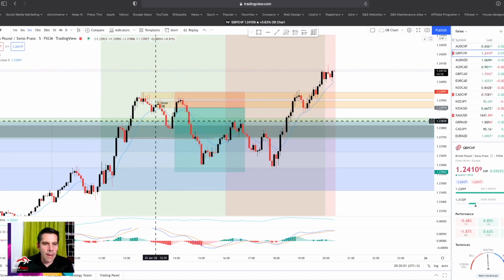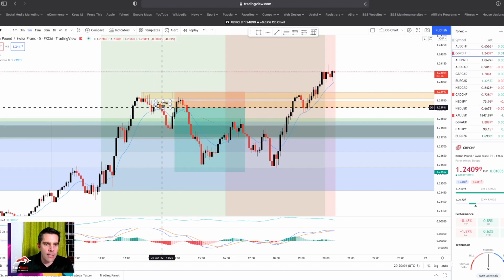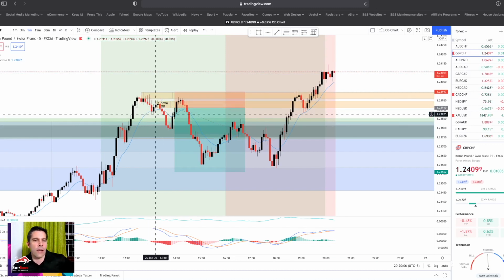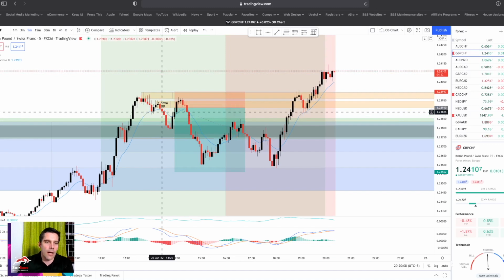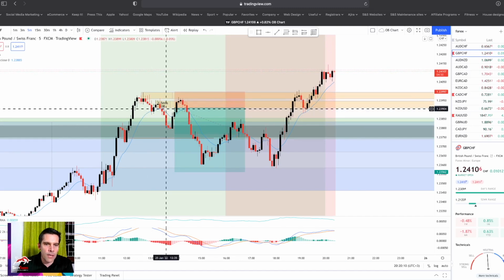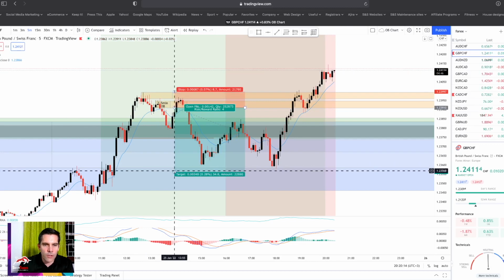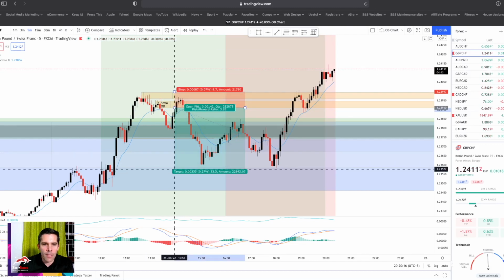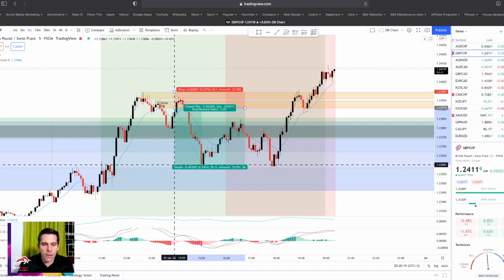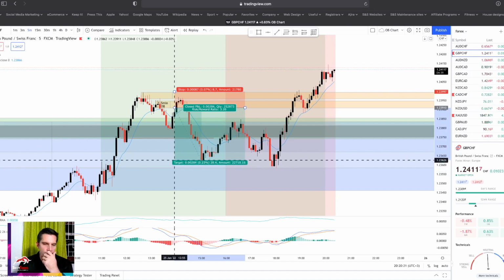So anyway, it came back, tested this area again, and then had a big drop down, which definitely broke the structure here. So as you can see, I marked up the OB there, and I was looking for 1-to-4, but I think I closed it just over a 1-to-3.